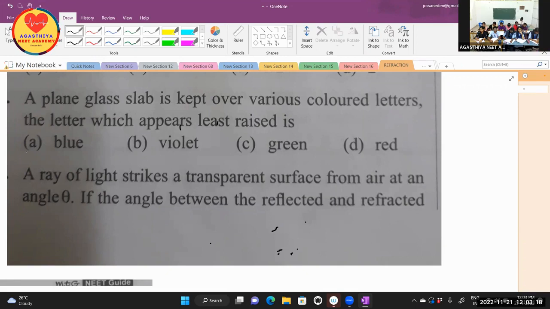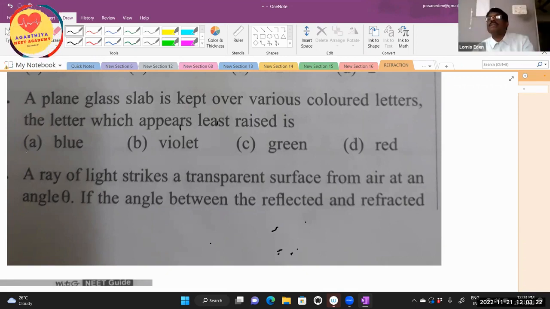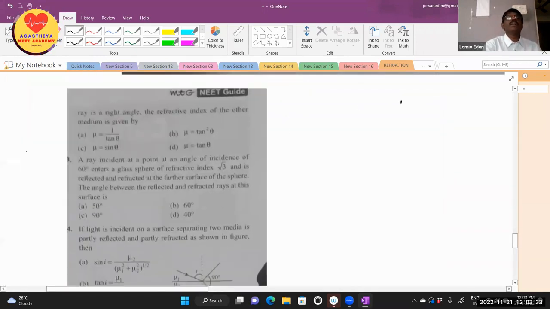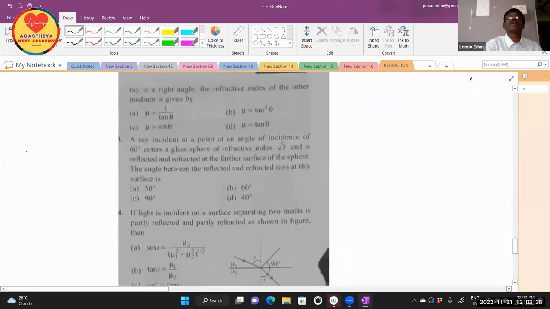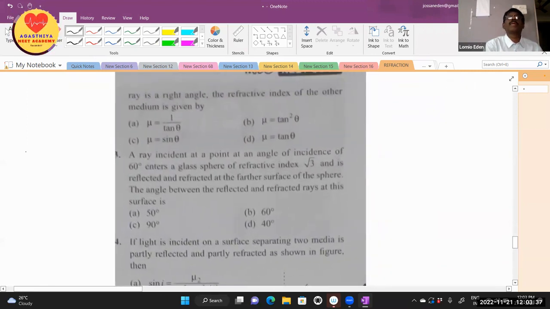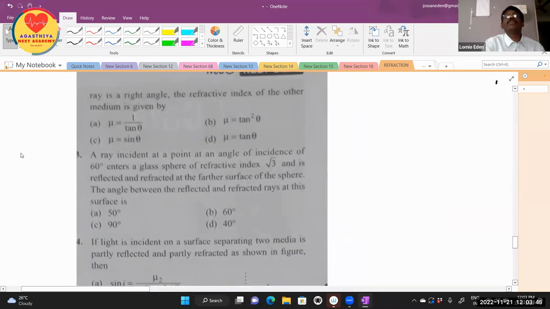When the incident light falls on the surface, its energy will be partially reflected and partially refracted, a combination of reflection and refraction. Here the ray is at a right angle. The refractive index of the other medium is.